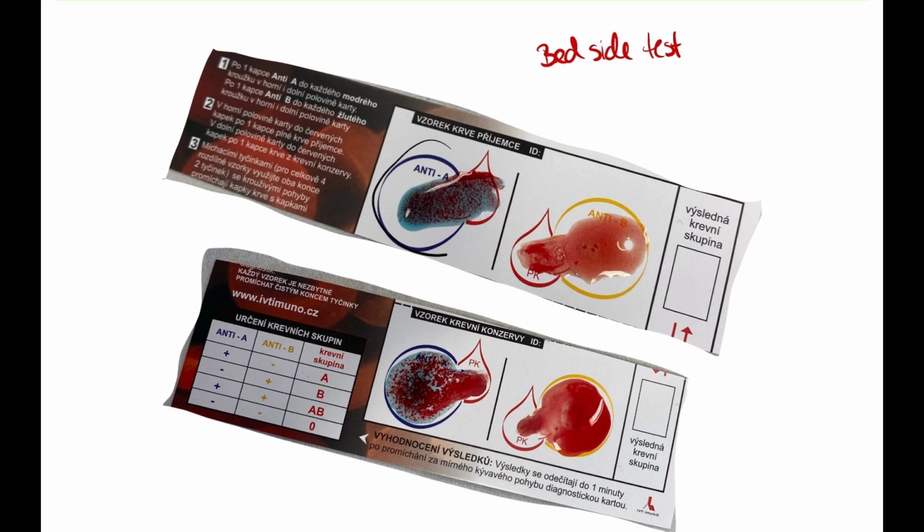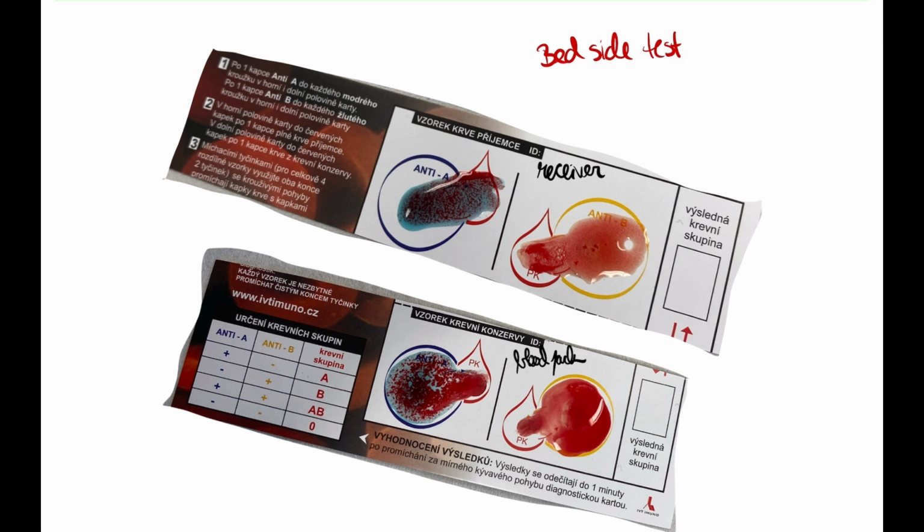You've got some anti-A and anti-B. Here you put the anti-A antibodies. It's the blue fluid, and here you put the anti-B antibodies. It's the yellow fluid, and into that you give the blood of the receiver, who is the patient, and this is the blood pack that you're about to give the patient.